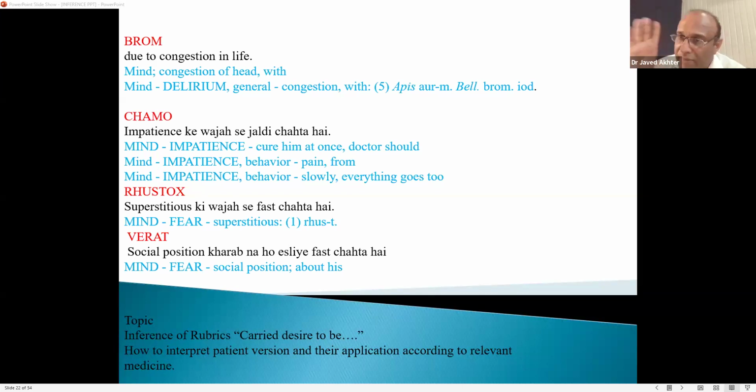This is the only reason why the patient wants to relieve immediately, so that their reputation remains intact. About social position.